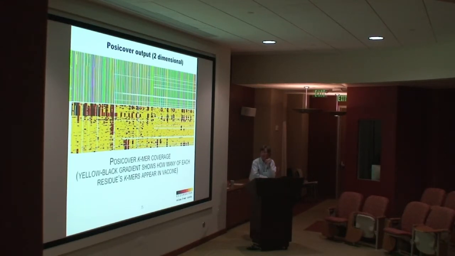If you have a mismatch, something that's not in the vaccine at all, you'll get 9-mers that aren't present in the vaccine. So basically, this gives you 2D, again, which sequences are poorly matched and where they are poorly matched.